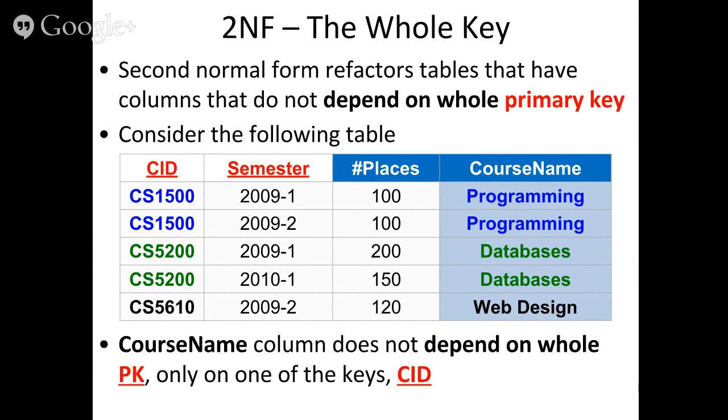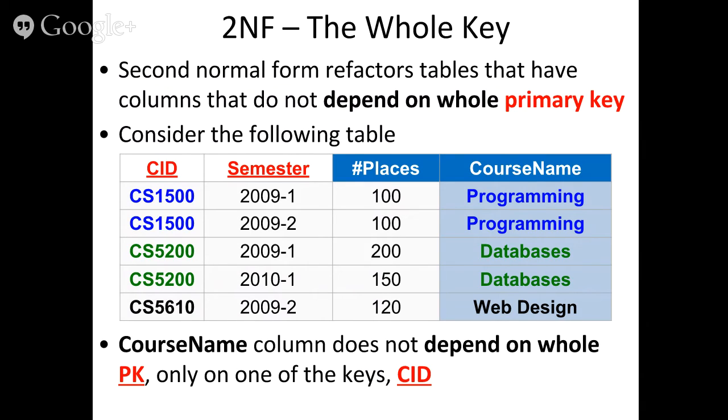Here's another one, and this one deals with primary keys that are compound primary keys, keys that are a combination of two or more fields. So in this case, we have two fields that combined make the primary key.